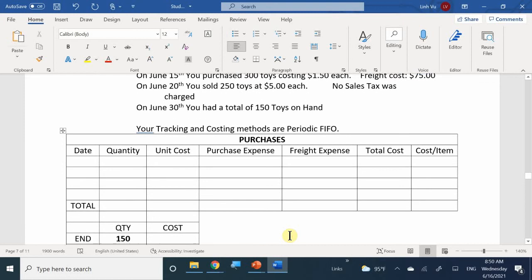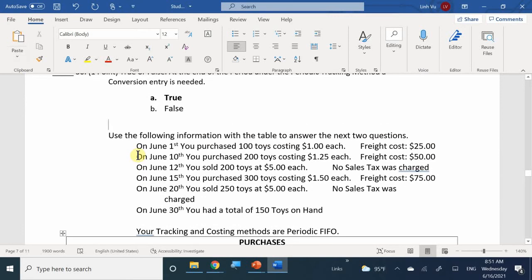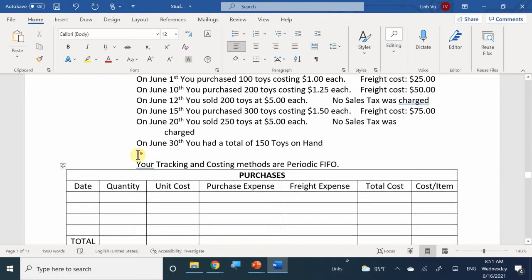So here's a simplified table, because again we don't have our returns, allowances, or anything else. And we don't need to have anything else. So all we're going to be caring about is just our net purchases and what goods are available, or what cost of goods sold. So in this case, first thing that we have here is on June 1st, you made a purchase of 100 toys at $1 each. Freight is going to cost you $25.